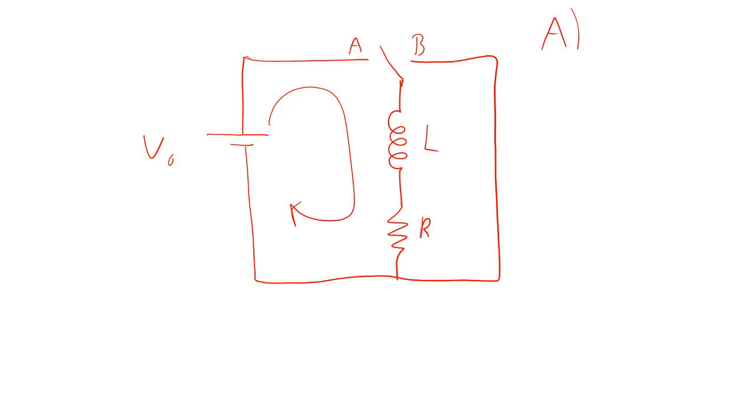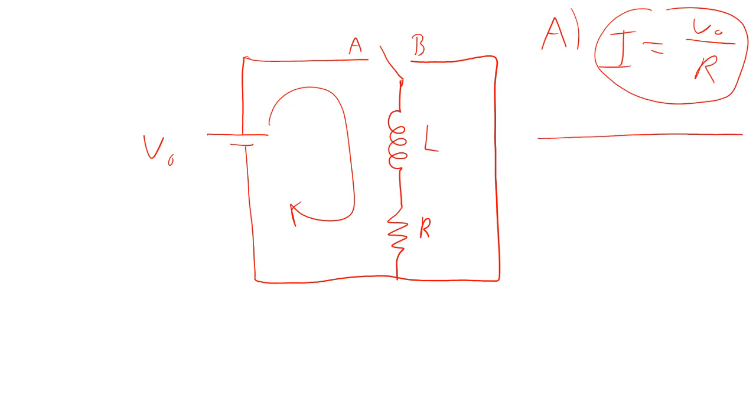Remember, it's basically just a coil that's just a wire. And so all that we have is a voltage and a resistance. That means the current in there is going to be equal to V naught over R. That will be the steady state current after a long time.